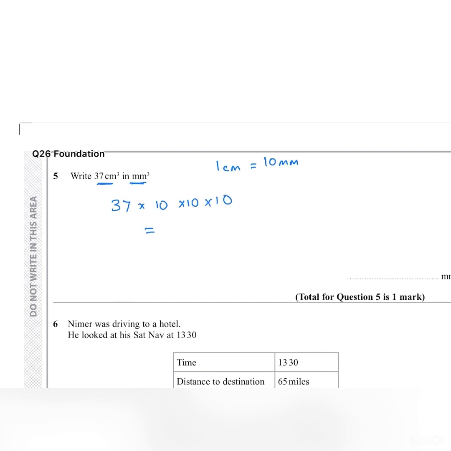The common mistake is pupils just do 37 times 10, but that will only convert into millimetres, not into millimetres cubed. Okay, so if you work this out, that will be 37,000 millimetres cubed.